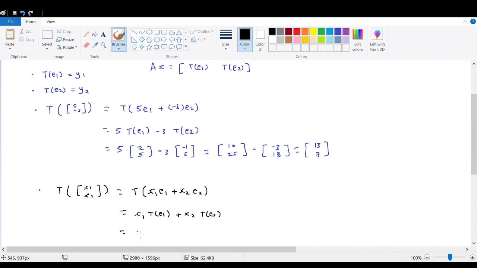This will give us x1 times T e1, which is just y1, which is (2, 5), plus x2 times T e2, which is y2, which is (-1, 6). So the result will be (2x1 minus x2, 5x1 plus 6x2).